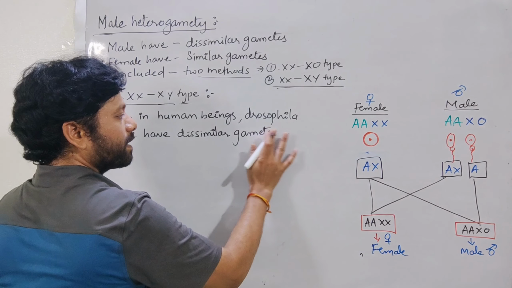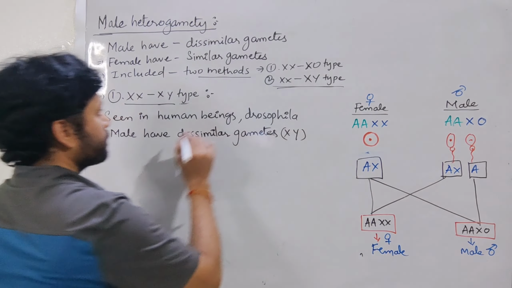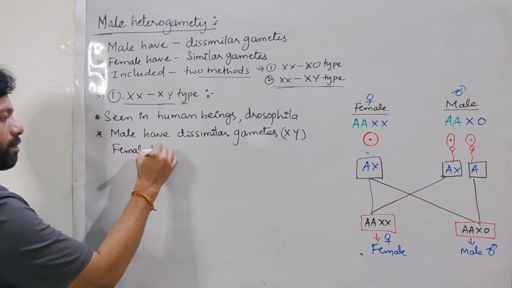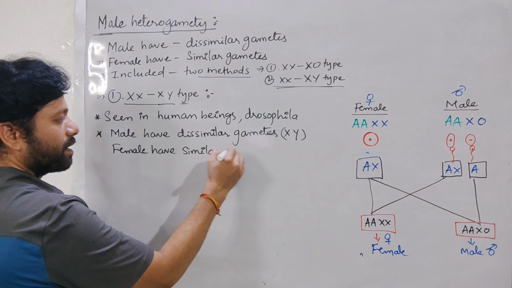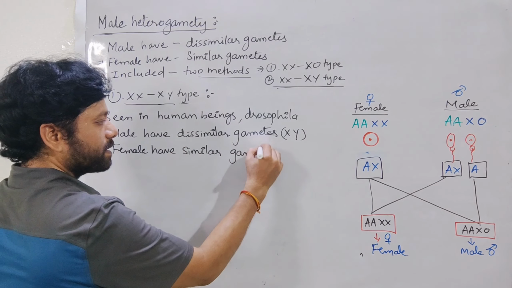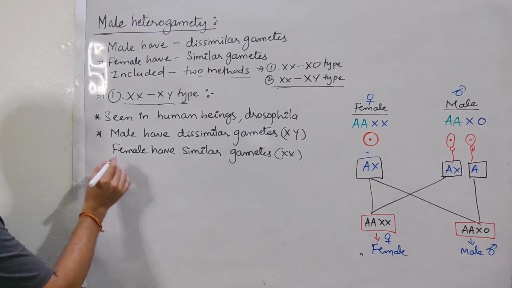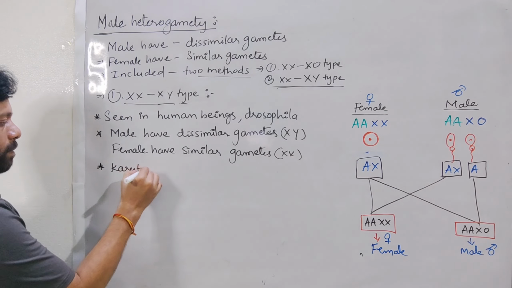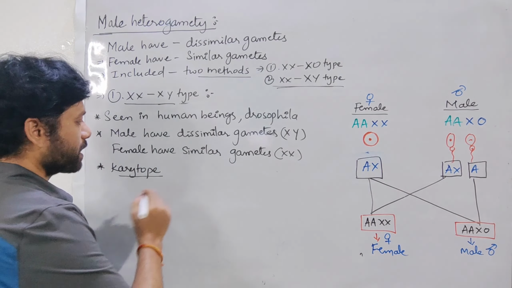What here? X, Y. Okay. Females have similar gametes. What here? XX. Okay. And next one, karyotype. Karyotype means the showing of the chromosome structure like that.